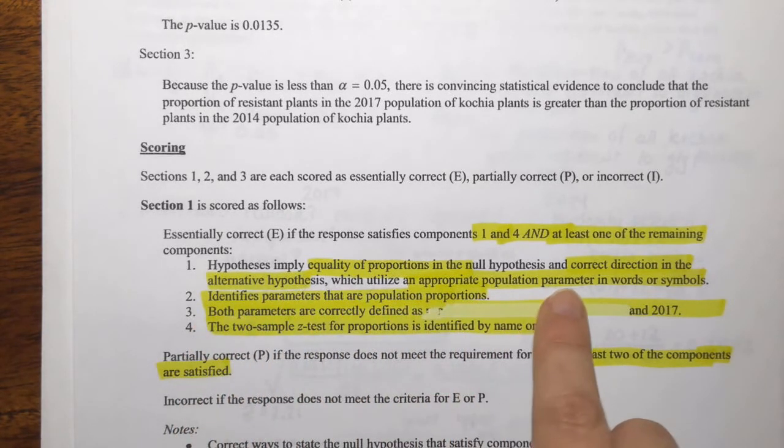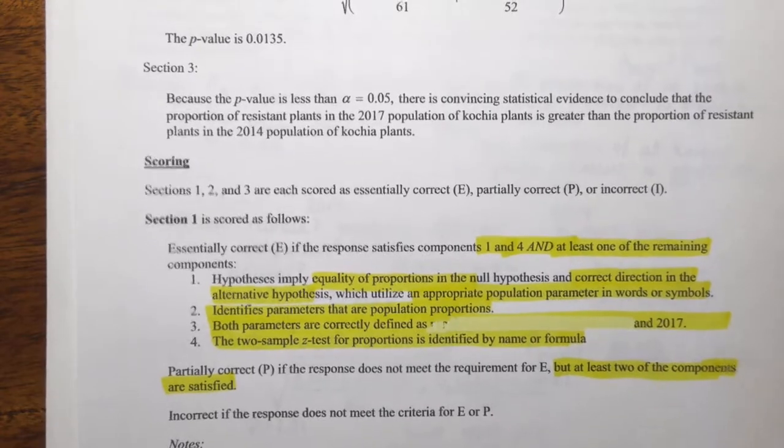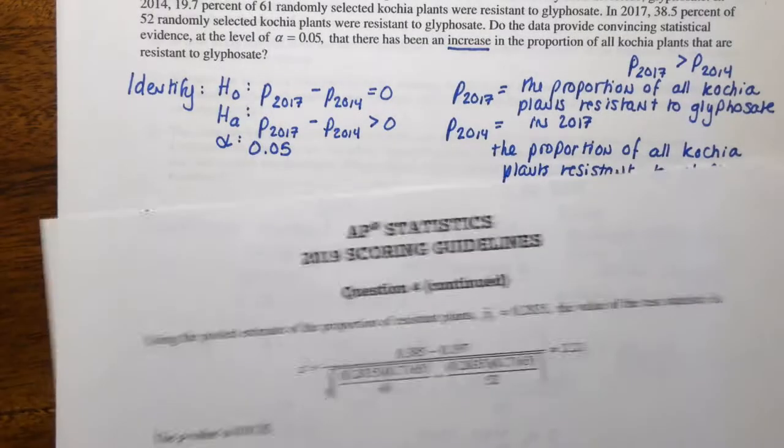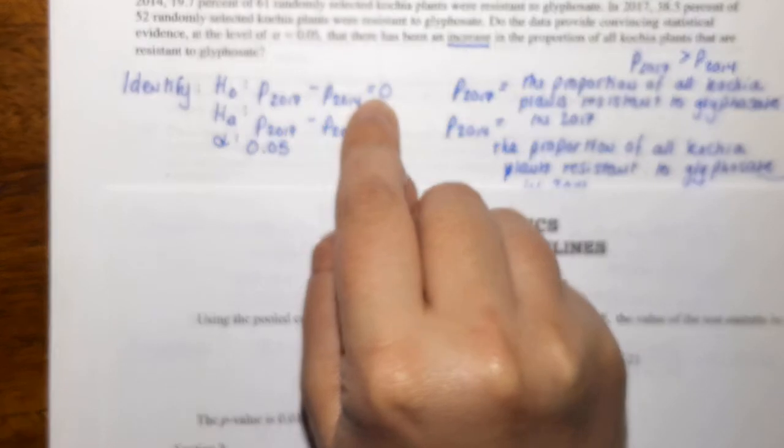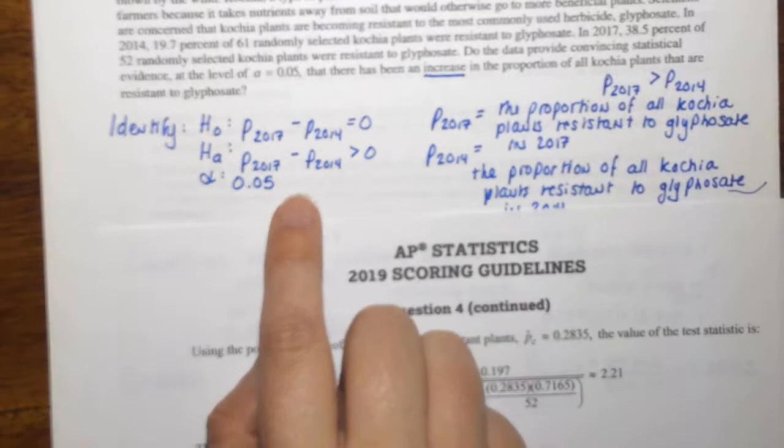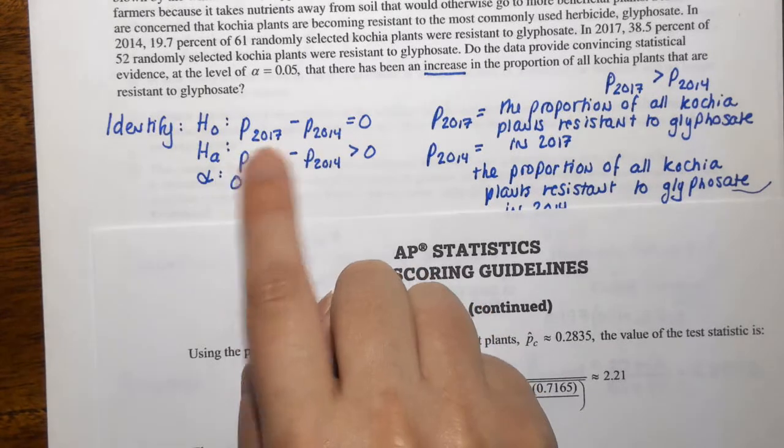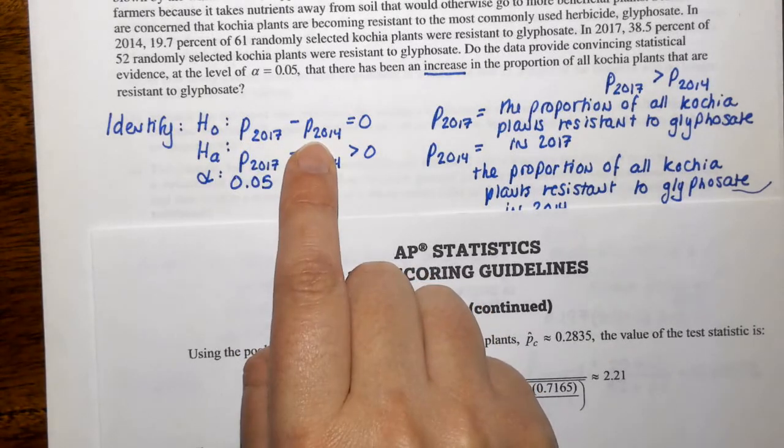and utilize an appropriate population parameter in words or symbols. Okay, so what does that mean? It means I have equality here, with subtraction.